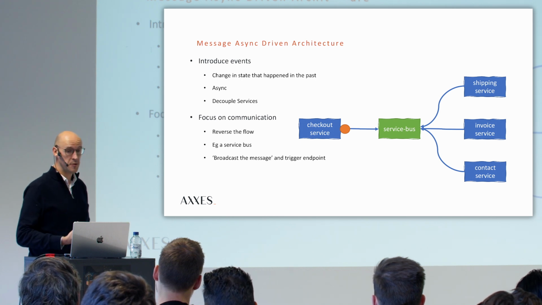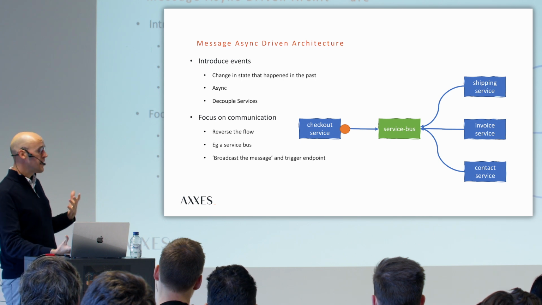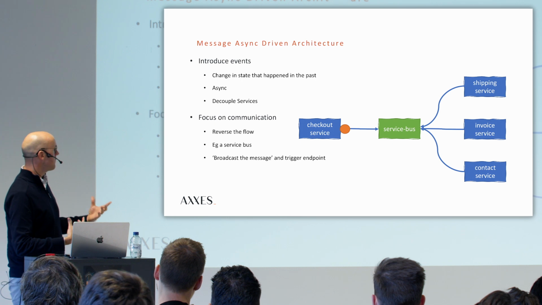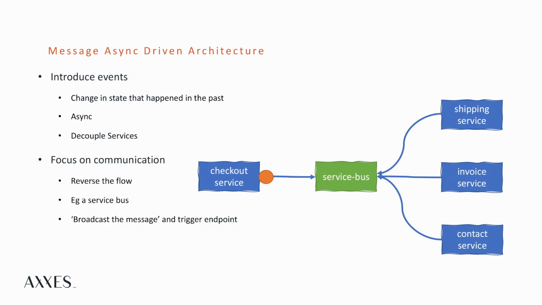Now, how will it decouple your services? Well, if you focus on the communication, you will see that we are reversing the flow. Previously, we had the checkout service calling the shipping service. Well, if you're going to introduce something like a service bus, at that moment you will start to invert the flow in such a way that the responsibility is not on the checkout service anymore to call the shipping service.